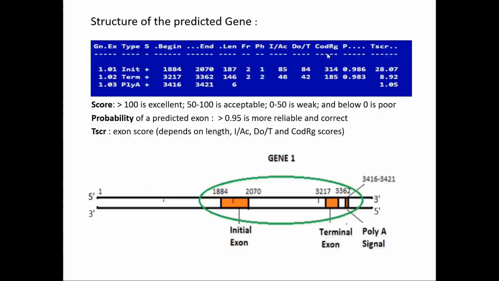So next is about coding region score. Based on the differences in composition and statistical distribution of nucleotides, the coding region and the non-coding region will be differentiated. So based on that, for the predicted region, the score will be given. For example, hexamer frequency. In an organism, many proteins coded by it will have 2 amino acids always seen together.